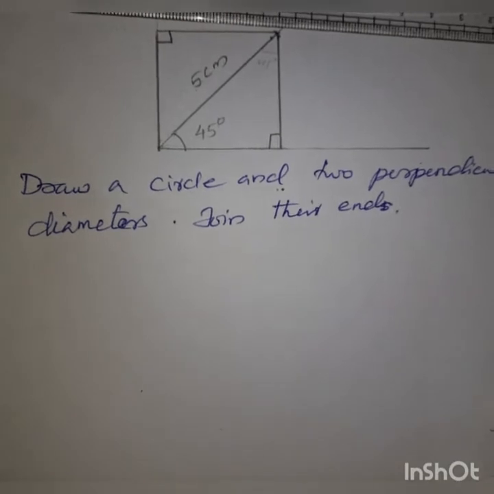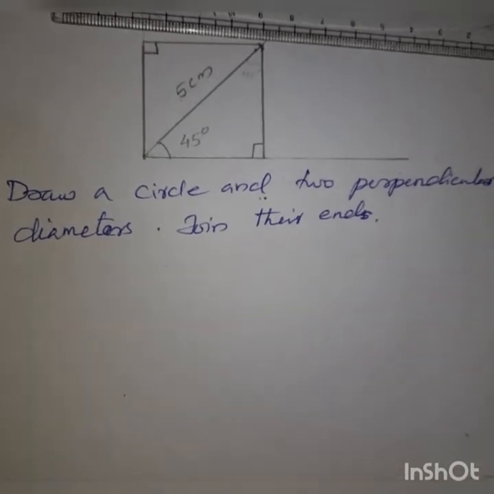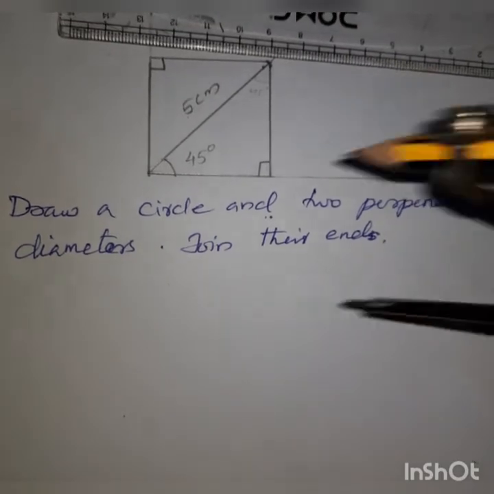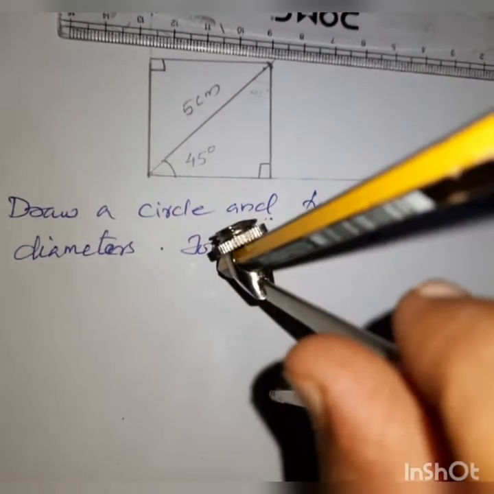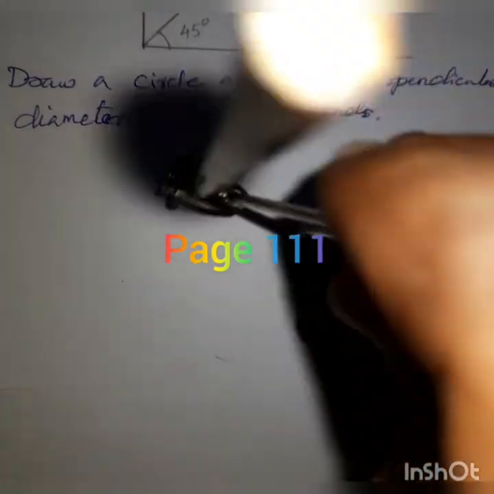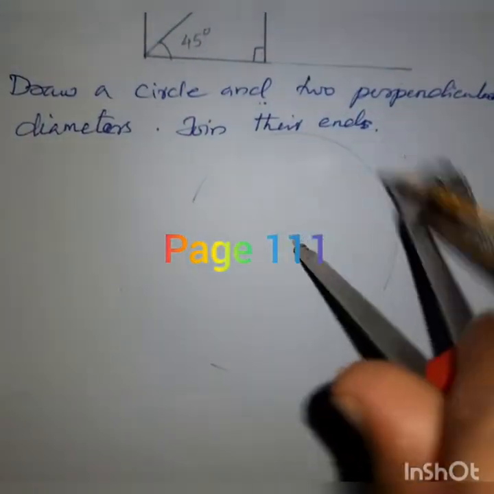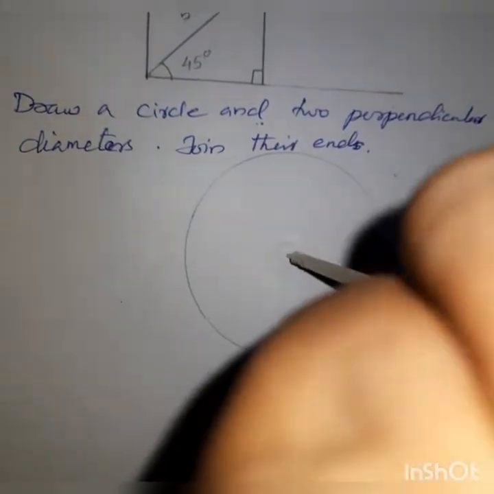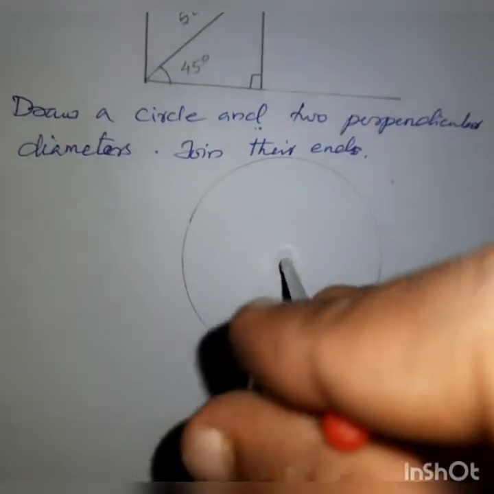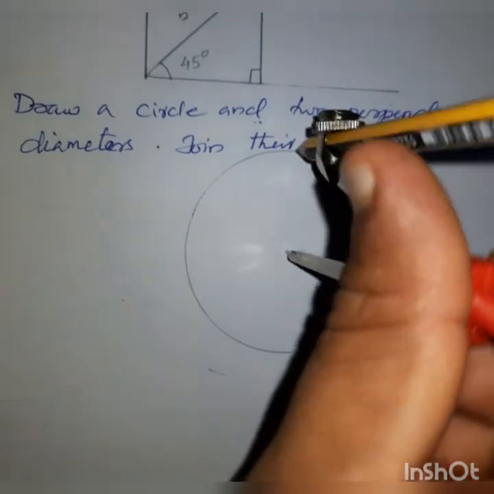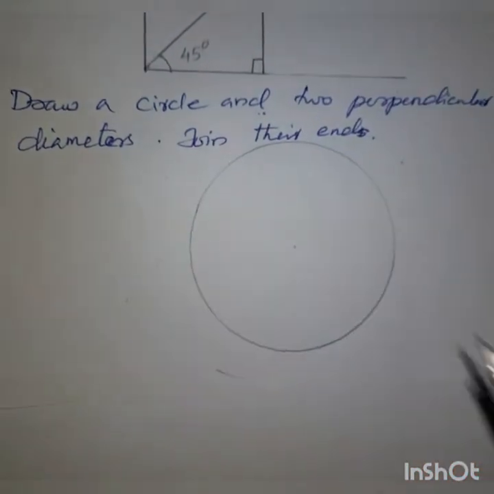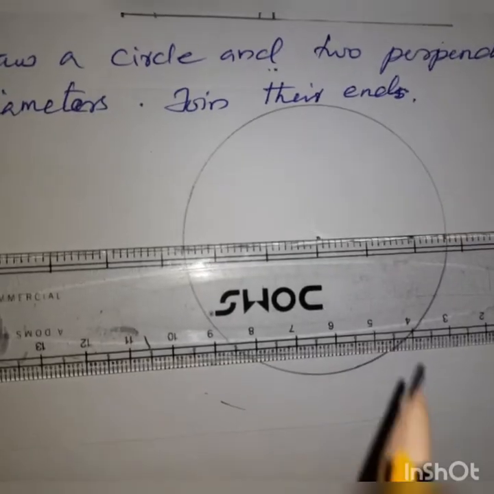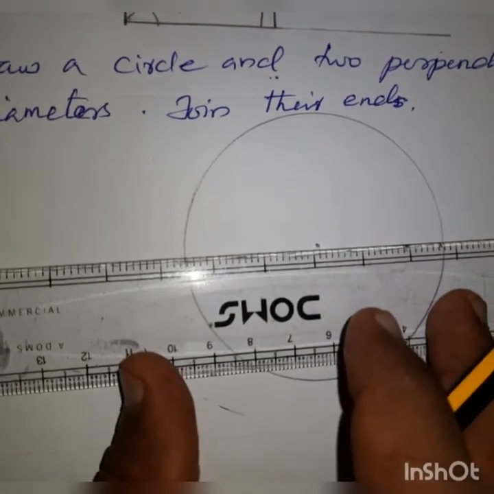Draw a circle and two perpendicular diameters and join their ends. So I took 4 centimeter in a compass and drew the circle, 4 centimeter radius. You have to draw a circle. Draw the diameter.